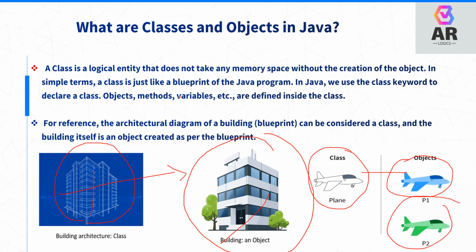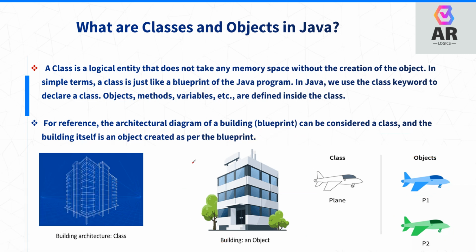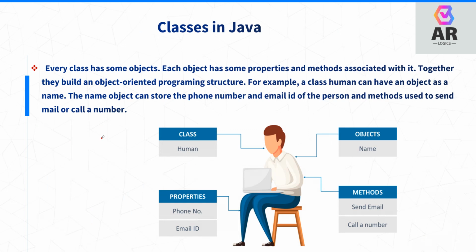A class is nothing but a blueprint, and the building is created from the blueprint. For example, create a human class.